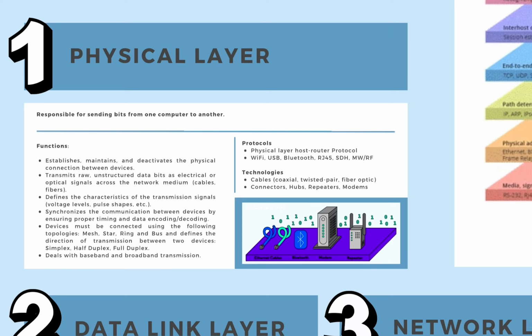Devices must be connected using some of the main topologies such as mesh, star, ring, and bus. It also helps us define the direction of transmission between two devices, which can be simplex, half duplex, or full duplex. It also deals with baseband and broadband transmission.